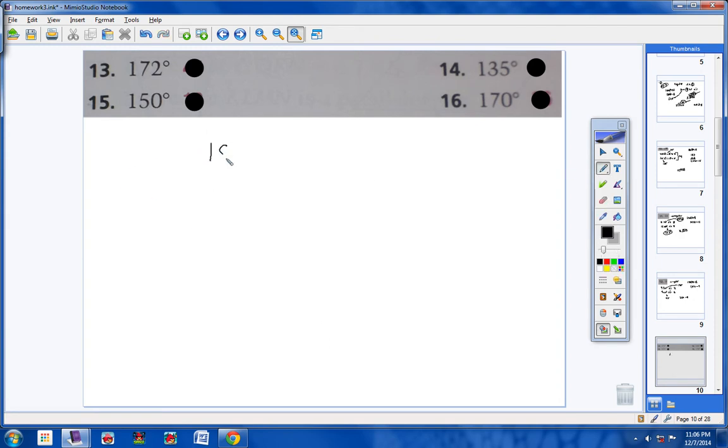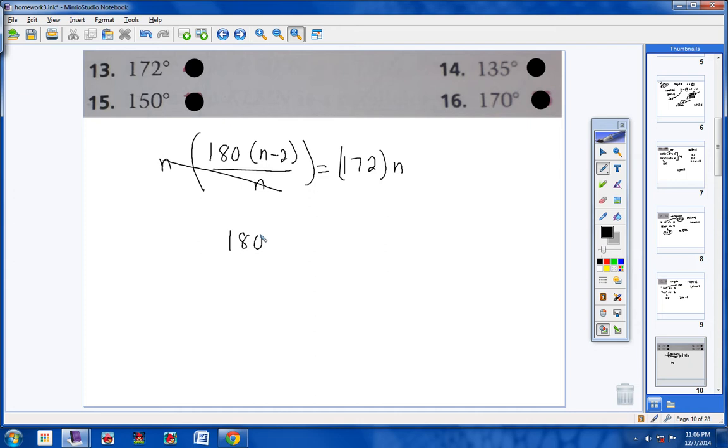Look, 180 times (n minus 2) divided by n equals 172. Now, multiply both sides by n. These cancel, leaving you with 180 times (n minus 2). 172 times n is 172n.